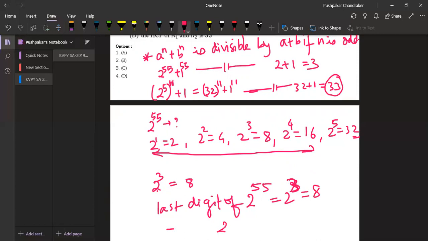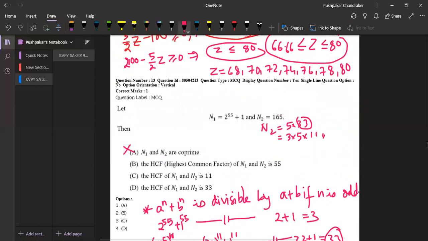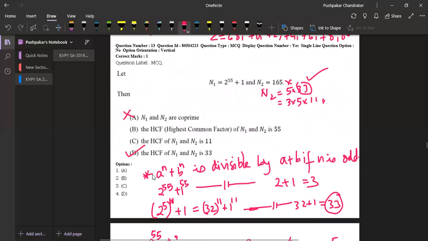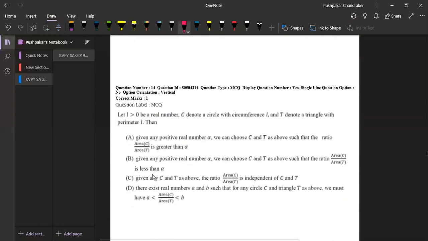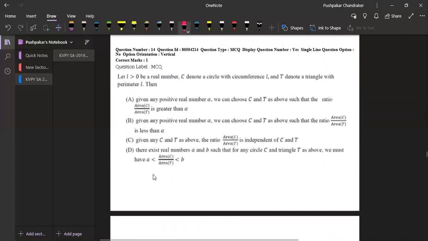So the last digit of 2 power 55 plus 1 will be 1 plus 8, that is nothing but 9. If the last digit is 9, the number is definitely not divisible by 5. So 5 cannot be the common factor. So the only common factor is 33. So therefore HCF is nothing but 33, which is option D. Next, question number 14.